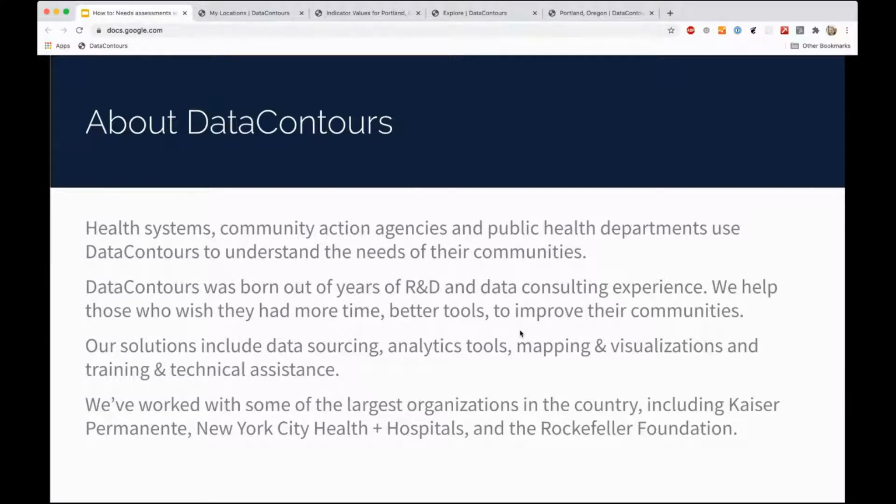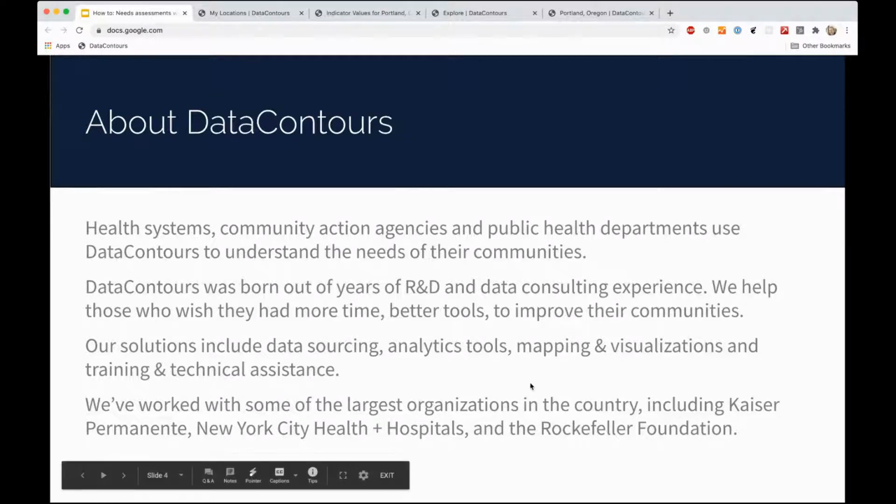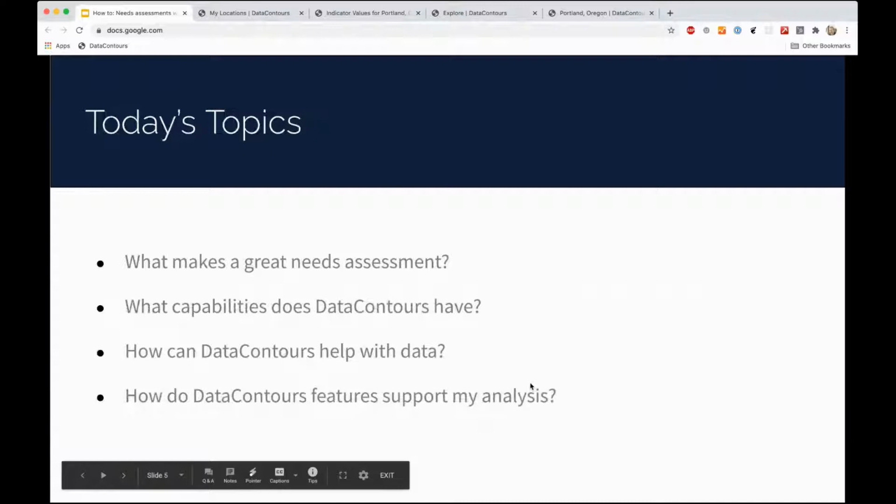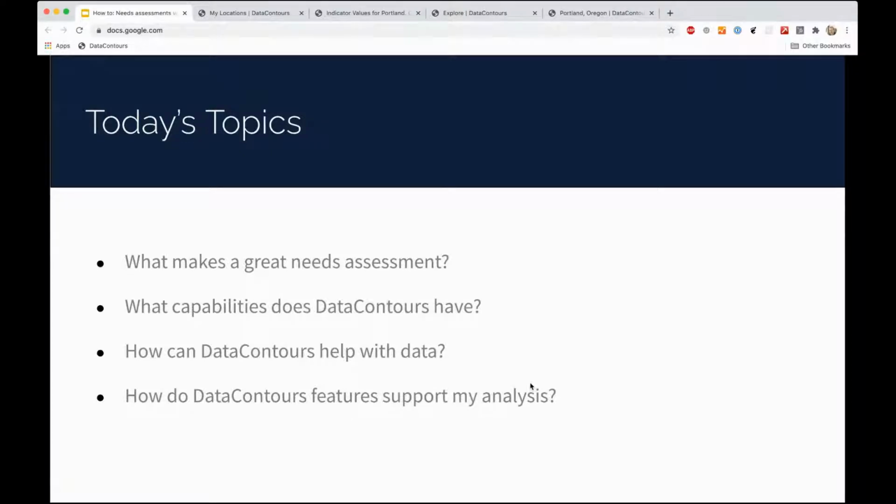And DataContours we started about 6 months ago as a new product and solution company focused on data and assessment for communities. We've been working on these tools and these approaches to doing needs assessments for a long time, and this is the latest iteration of the state of the art that we're really excited about.